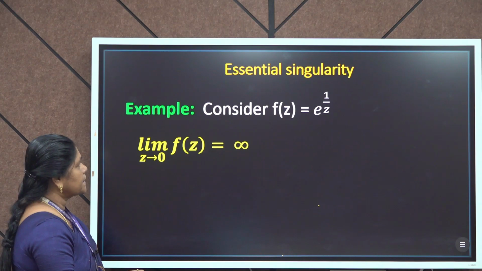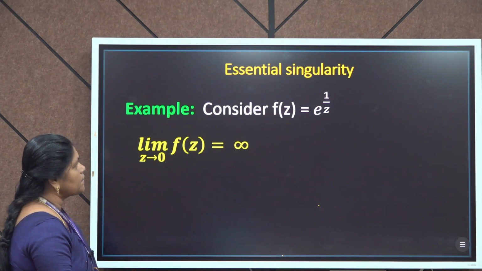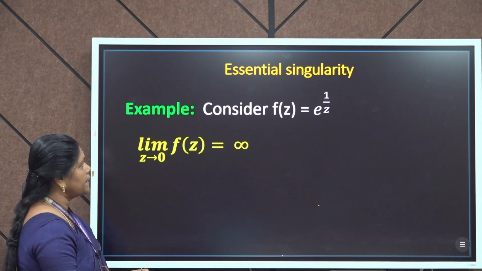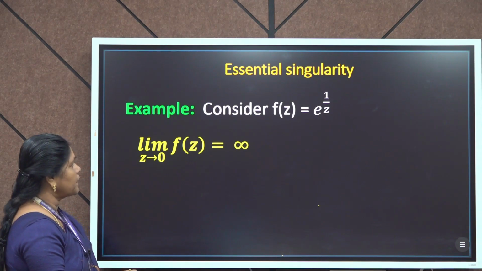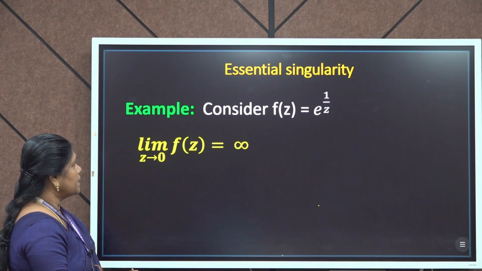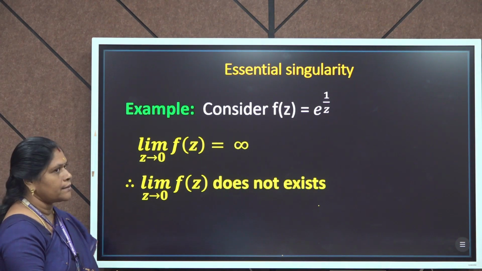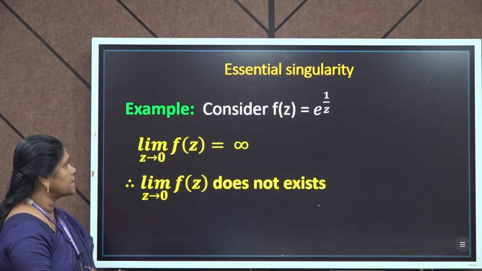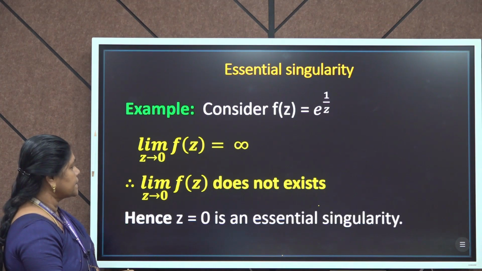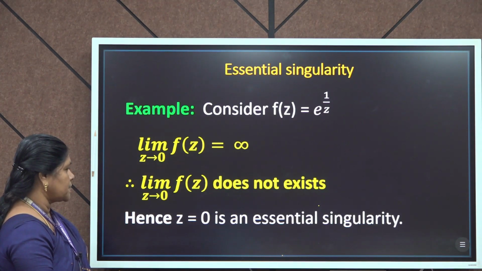The limit as z tends to 0 of f of z is e power 1 by 0, that is, e power infinity, which is equal to infinity. Therefore, the limit as z tends to 0 of f of z does not exist. Therefore, z is equal to 0 is the essential singularity for the function f of z.